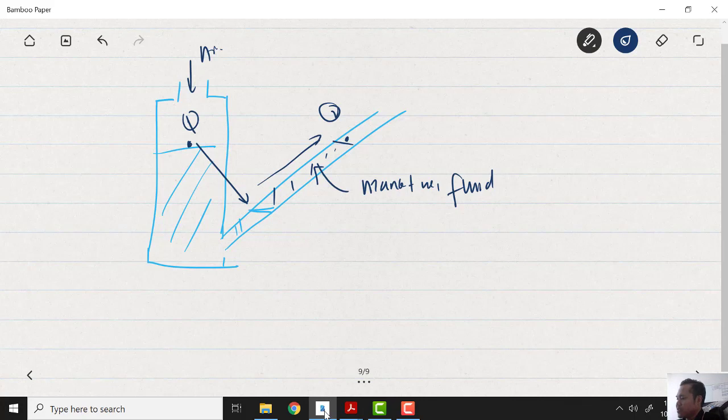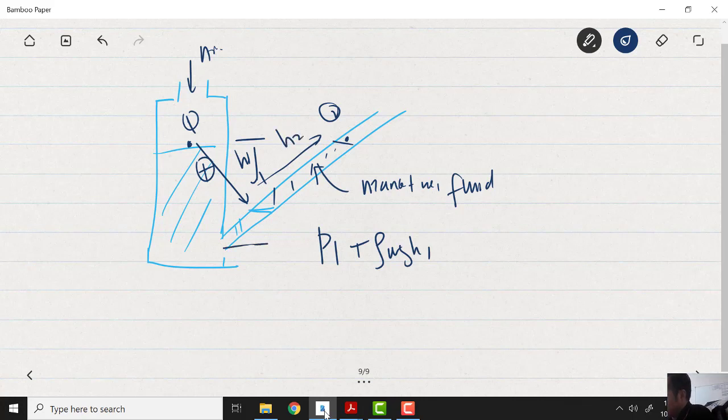So P1, you go down, so plus rho water GH1, for example here is H1, and the incline length is H2. Usually they have an angle of about 30 degrees or less. So we go up, so it becomes minus rho mercury G.